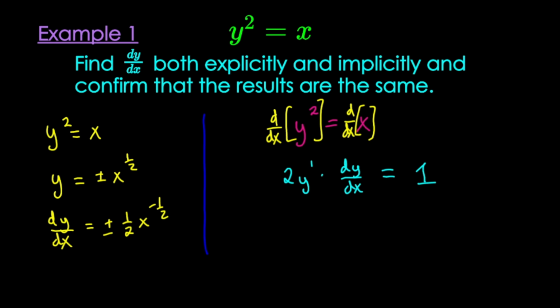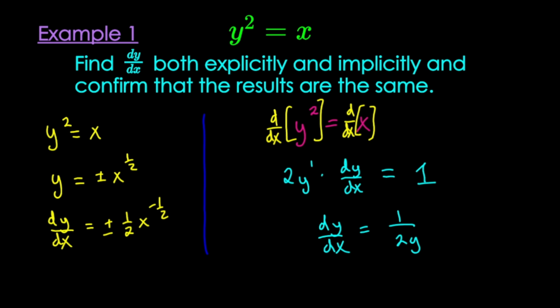In this particular problem, we don't have to do any collecting of like terms because there are just two terms. At this point, we're just ready to isolate dy/dx by dividing by 2y. So we get dy/dx equals 1 over 2y. Now the question is, is that the same thing as what we got when we differentiated explicitly? Well, it doesn't look exactly the same.